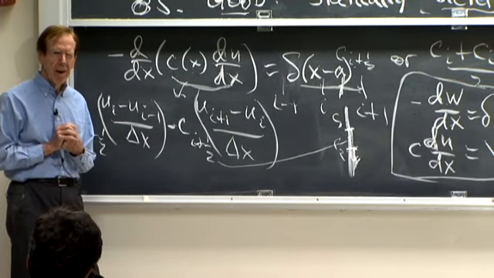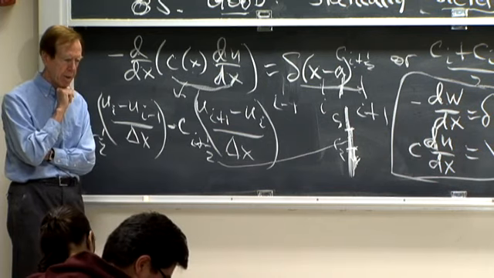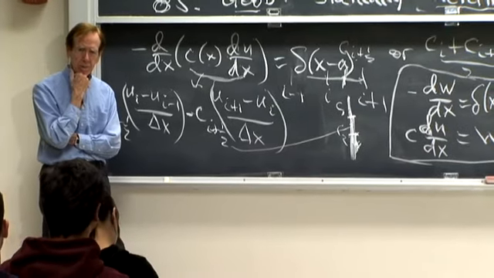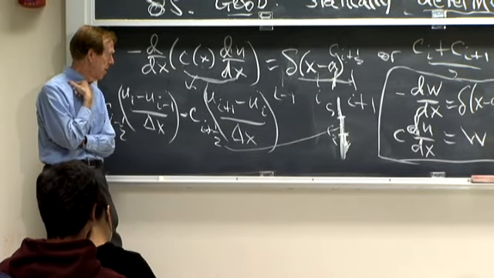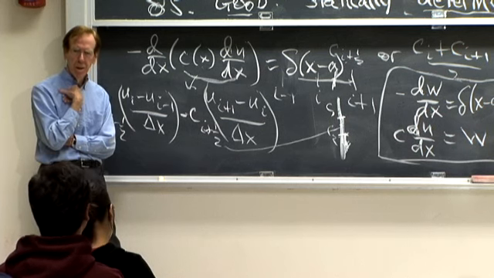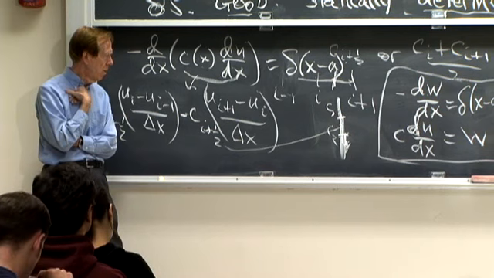Since time's running out, I don't have to ask about the worst possibility that occurs to me, which is, suppose they happen at the same place. Suppose there's a jump in C and a point load. Do we want to face that?